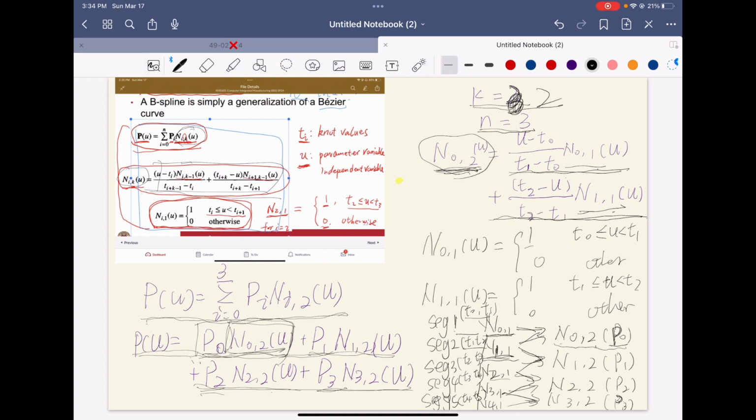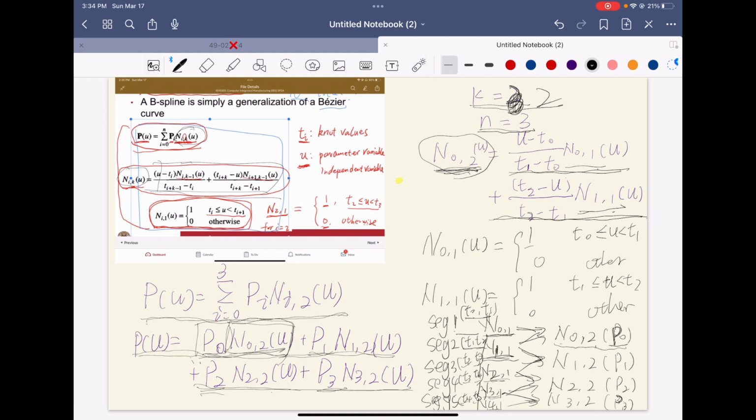For N2,2, we need N2,1 and N3,1. For N3,2, we need N3,1 and N4,1. And for N0,1, N1,1, N2,1, N3,1, N4,1, N0,1 is equal to 1 when you are between t0 and t1, N1,1 between t1 and t2, N2,1 between t2 and t3, N3,1 between t3 and t4, N4,1 between t4 and t5.